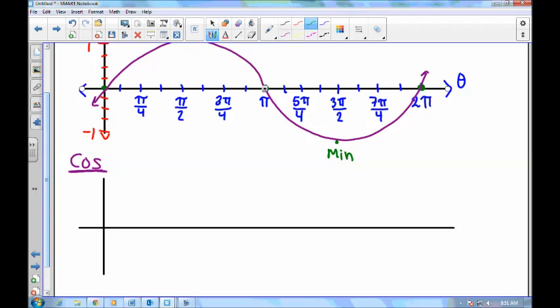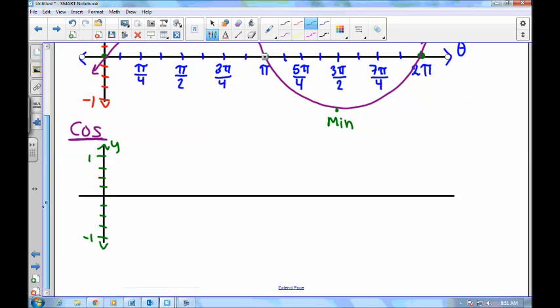And we're going to do the same labeling. So the y-axis is still counting up 4. We'll label as height 1, counting down 4, minimum 1.